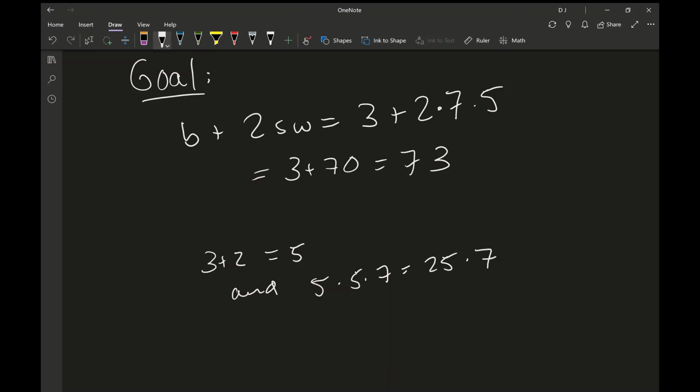And if you have 7 quarters, that's $1.75. So that's 175. So you could be off by quite a bit if you do not follow our order of operations. This would be wrong answer. And this one, totally right. Right.